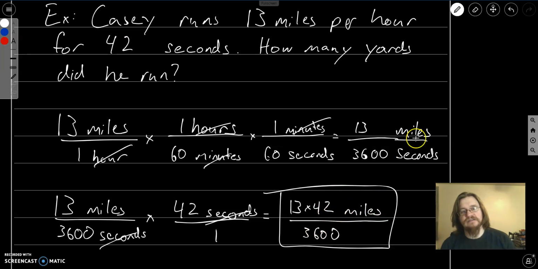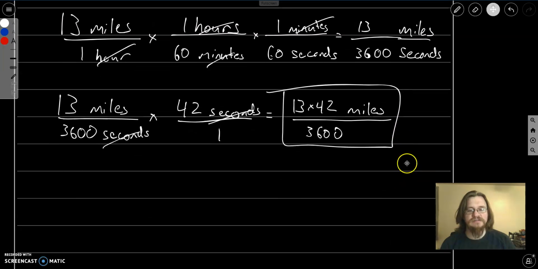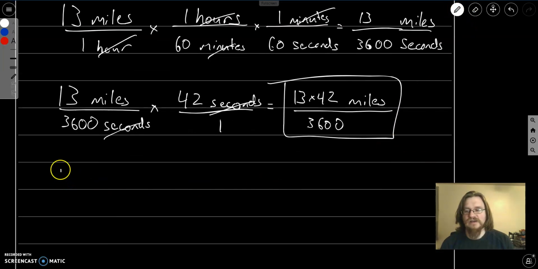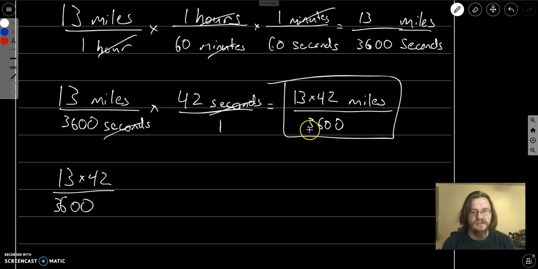But this is in miles, which is not exactly what we want. So let's do some more. So again, we've got 13 times 42 miles divided by 3,600.